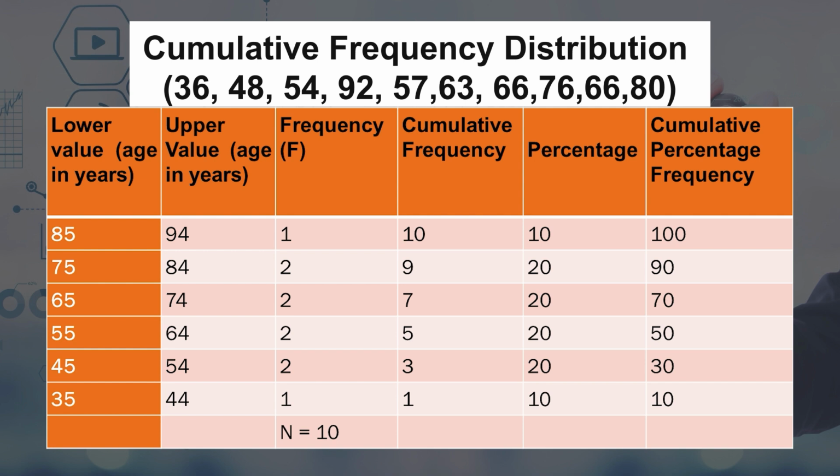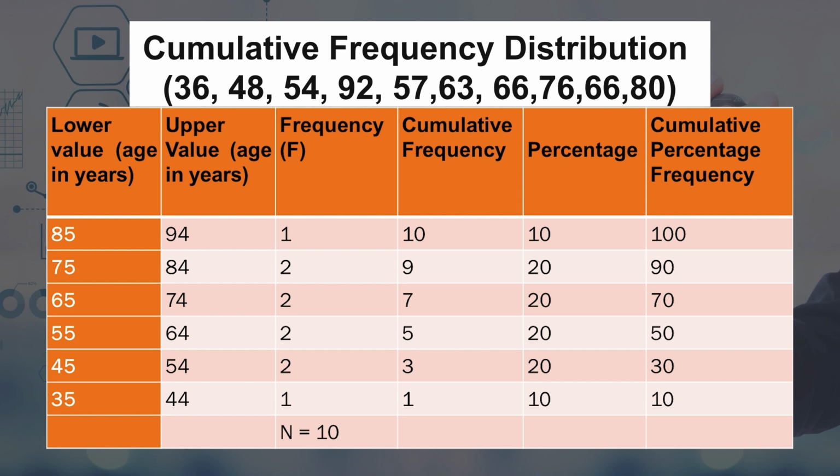Whatever the frequencies are below that class interval, we are going to add them up. Similarly, 3 plus 2 will give us 5, 5 plus 2 will give us 7, 7 plus 2 will give us 9, and 9 plus 1 will give us 10. So the maximum will be 10 because our n is also 10. That is one way of cross-checking.